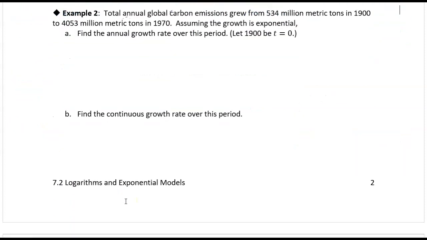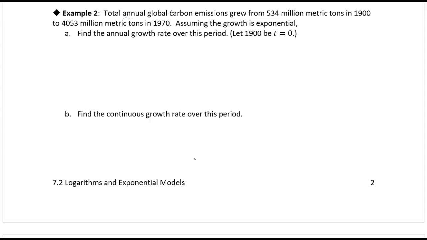Next problem. Now, this is an example of what you're probably going to see. If you have exponential growth, the way you get your exponential growth model is just by taking data and seeing if it follows an exponential curve.